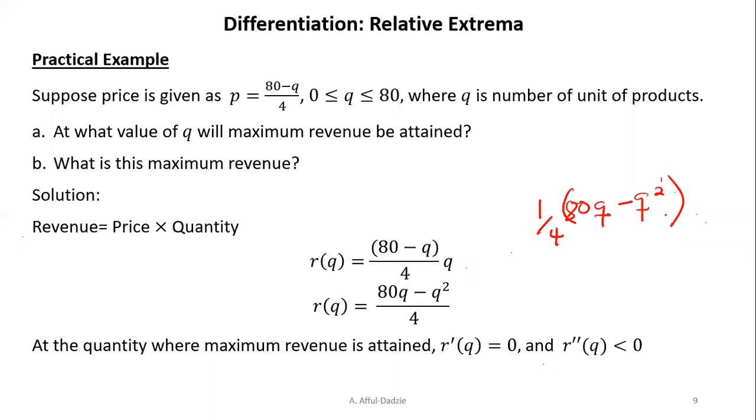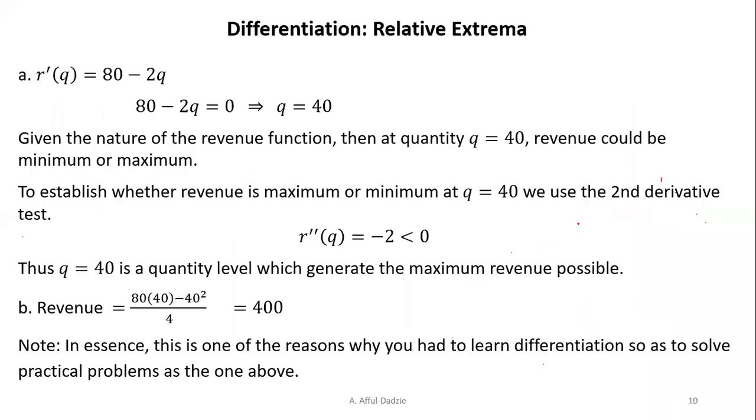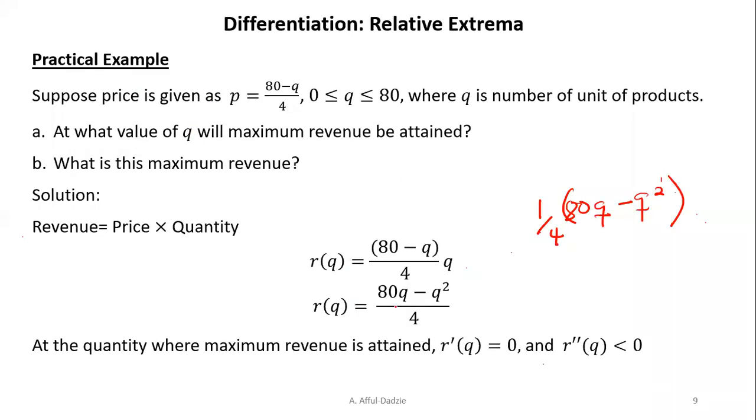You can just differentiate whatever is inside and put it back into the expression. Once you've taken the derivative of it, you have 80 minus 2Q, and then you just have to solve this. You don't have to work your way out in any sense again.